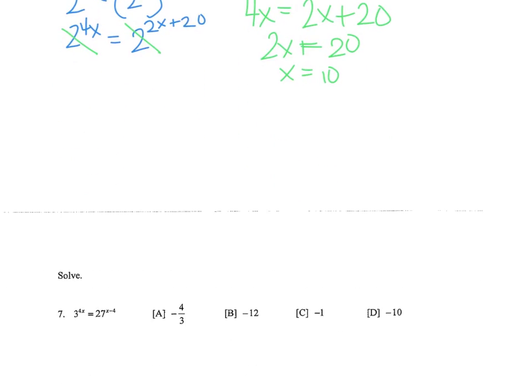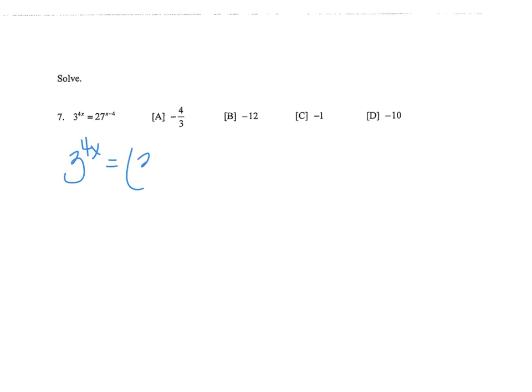Pause the video and try number 7. 3 and 27 are base 3. 3 to the first, 3 to the third. 3 to the first to the 4x equals 3 to the third to the x minus 4.